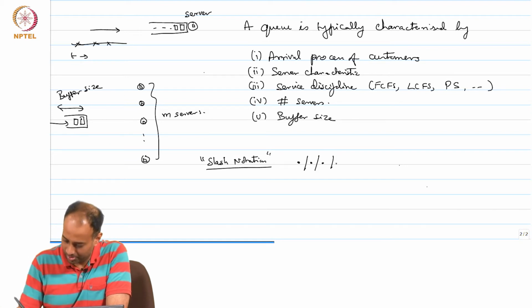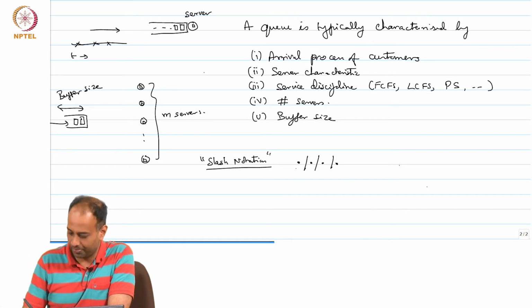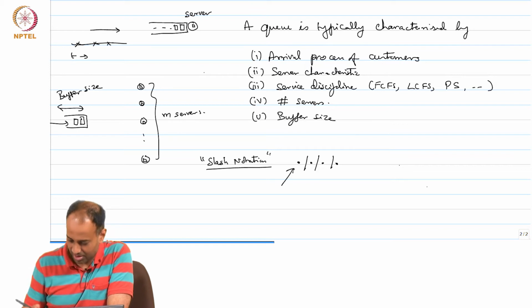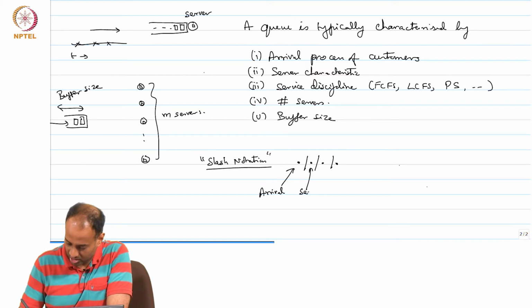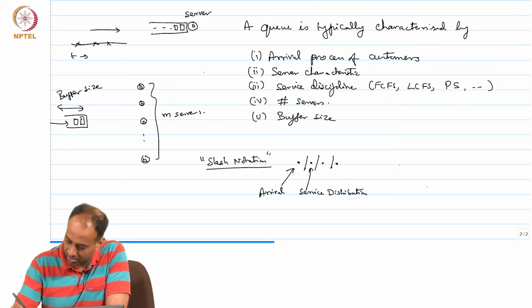The first one talks about the arrival process, and the second one talks about the service time distribution.